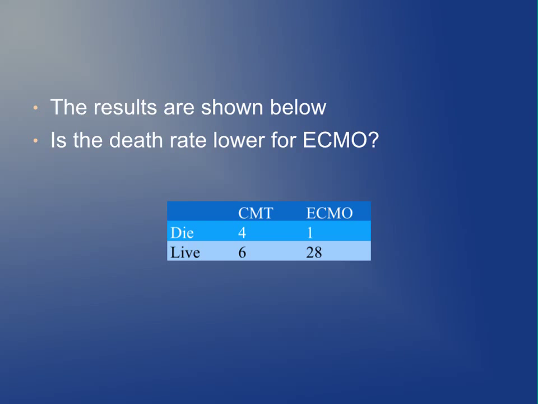The results are in the table here, and we want to know, is the death rate lower for ECMO? Just eyeballing it, it looks like it's significantly better. We only got 1 death out of 29 with ECMO, whereas almost half the babies died using conventional therapy. We want to do a test to verify that.